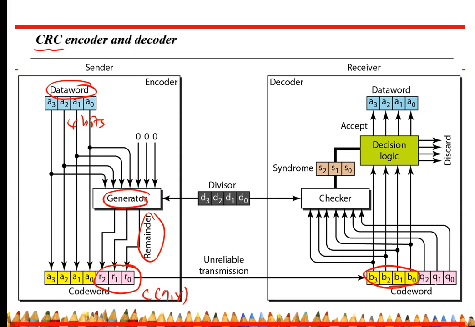These 4 bits are the data and 3 bits are the redundancy code, and it will be checked through the checker, checking the syndromes. So based on the syndrome, it may decide to accept or discard due to errors in the code.